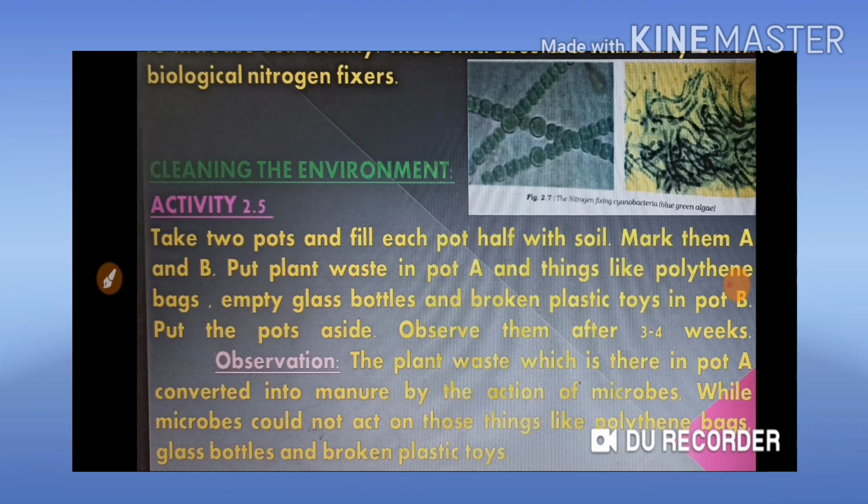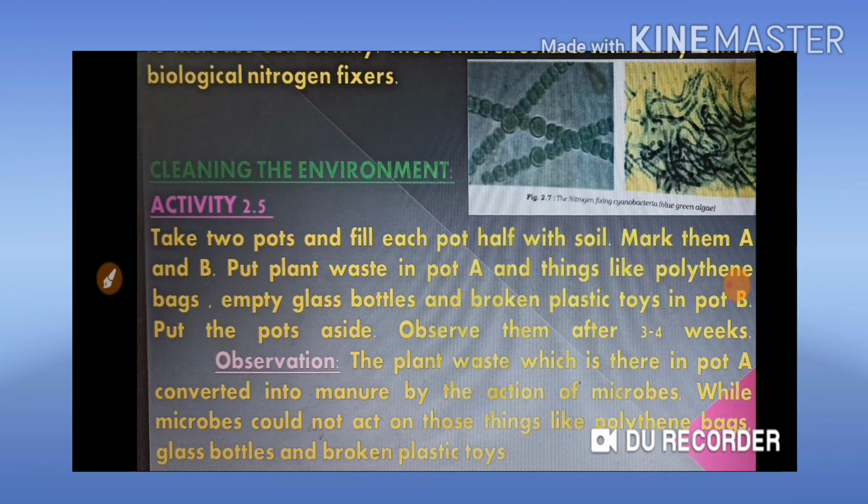We need this point. Why? Because if you do not clean the environment, it will definitely affect the whole population. You will not get any single space to live, because the population keeps increasing year by year.